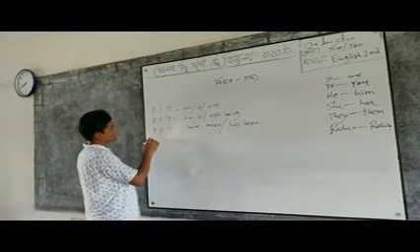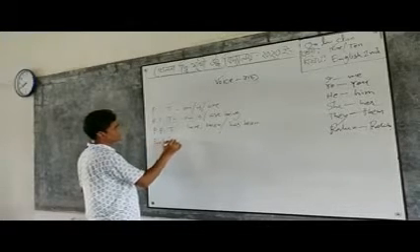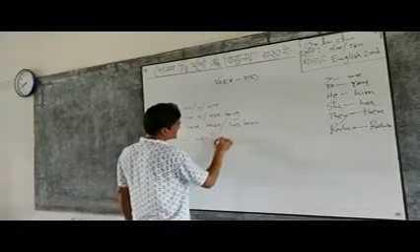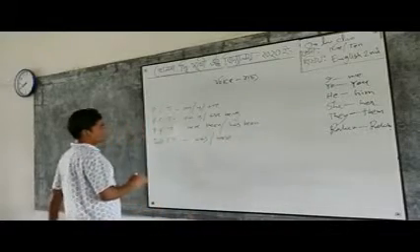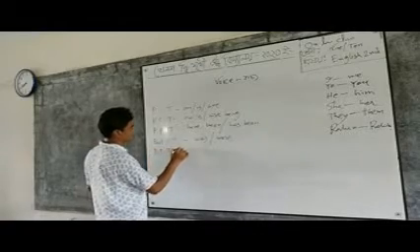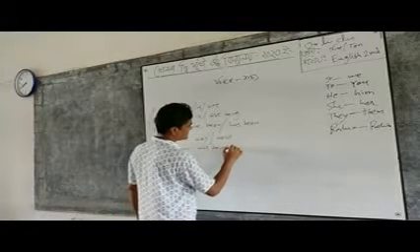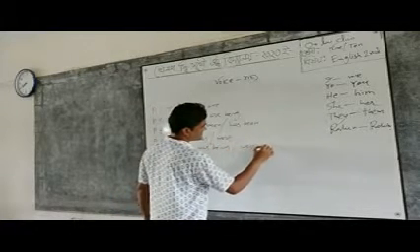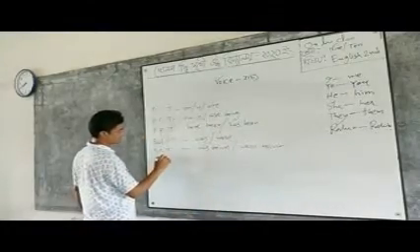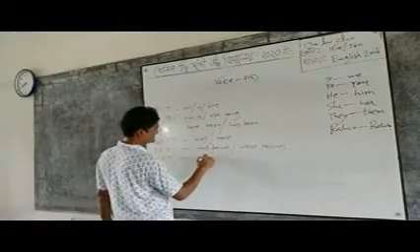If the tense is past indefinite tense, the auxiliary verb will be was or were. And at the time of past continuous tense, the auxiliary verb will be was being or were being. And in the past perfect tense, the auxiliary verb will be had been.